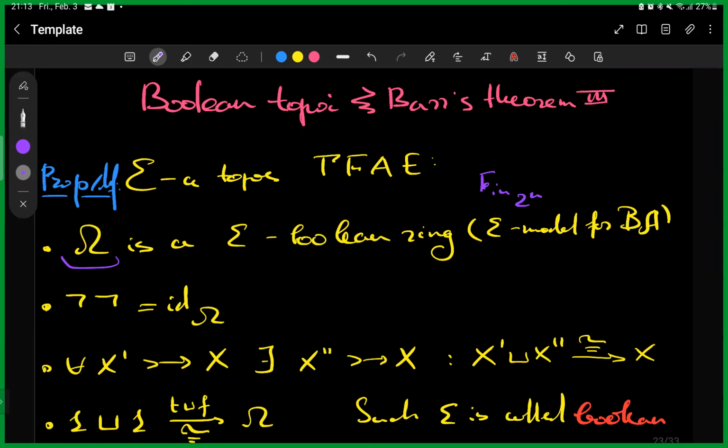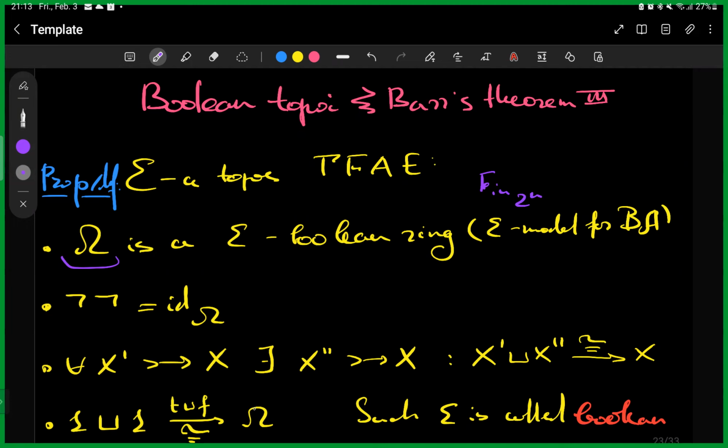And finally, that the subobject classifier splits as a coproduct of two copies of the terminal object. So a topos like this is called a Boolean topos, and that's why Boolean topoi are so much like sets.